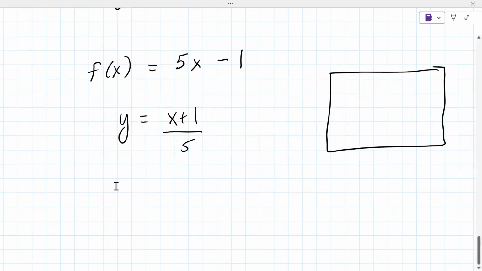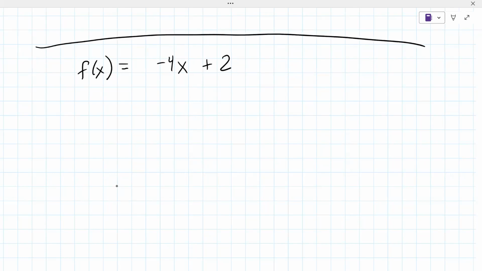Okay, so we're gonna look at some more complicated questions now. Let's say it's negative 4x plus 2. This is a new problem. Just like before, we switch f of x to y, and then we switch x and y.